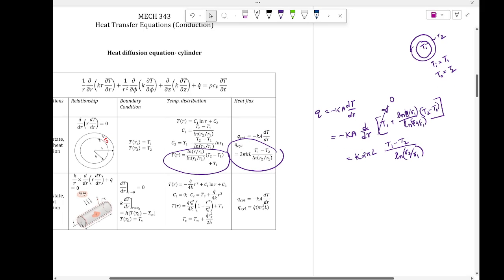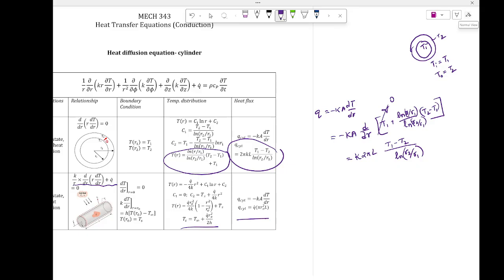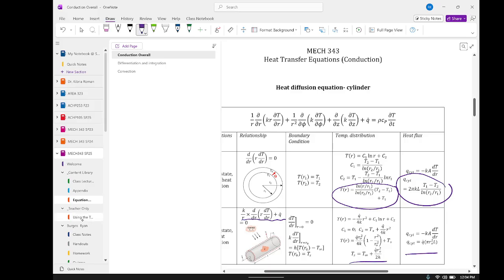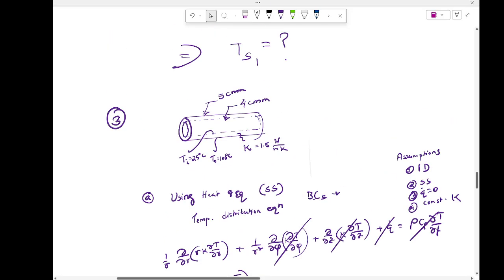The next one is, what if you have heat generation? Then there are equations for that as well. I'm not going to cover that, but now it's time for me to move to the homework hints.